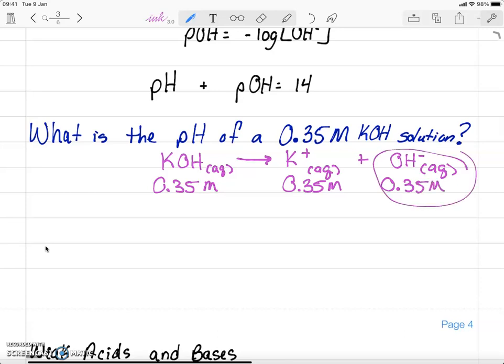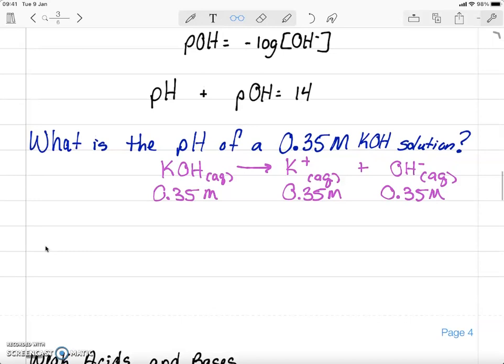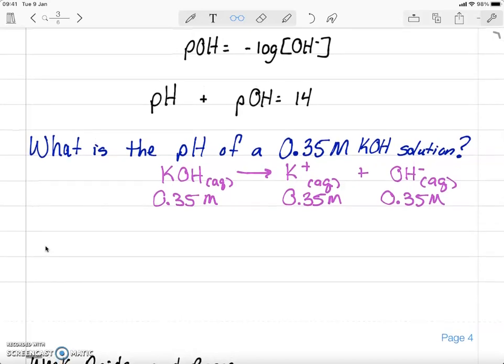And right here is our focus. We need to get the pOH, which is the negative log of the concentration of OH- ions. So let's go ahead and take that negative log.